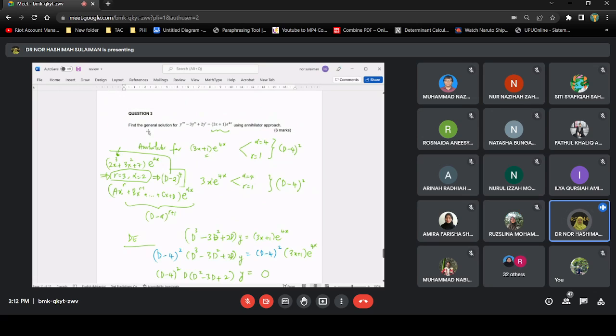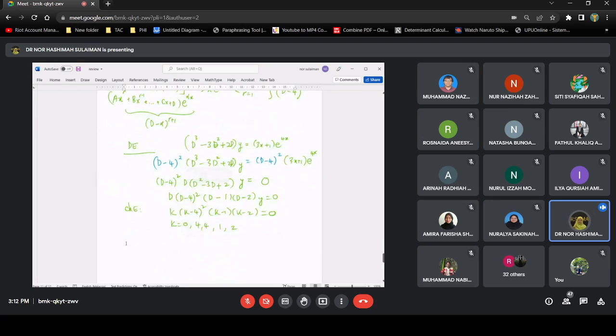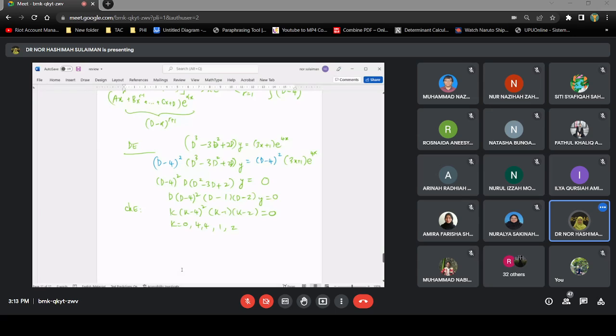Soalan dia kan, dia nak general solution, dia bukan nak YP. So tak perlu nak cari YC. YC tu perlu kalau you nak cari form of particular solution. Okay, tapi kalau dia kata general solution, daripada sini boleh terus dapat dia punya solution.